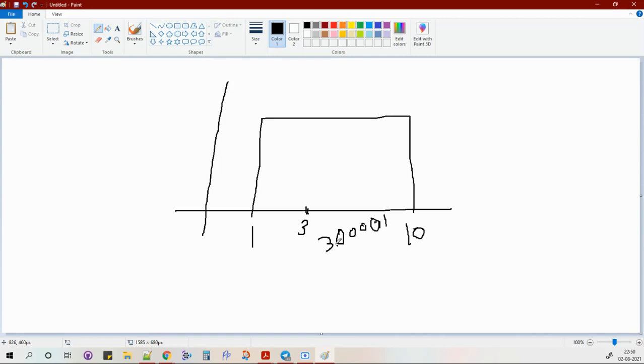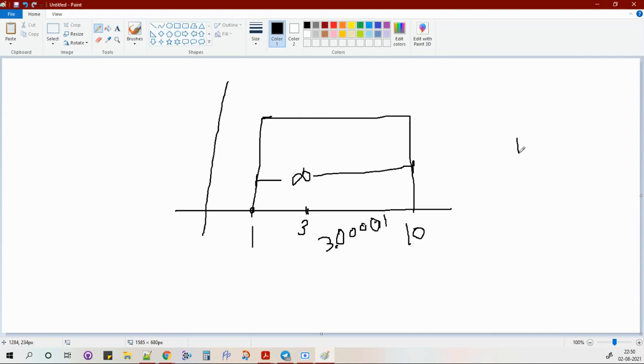It can be infinitely small, right? 3 plus 0.0001. Now, what probability will you assign to 3, right? I can have infinite values between 1 to 10, and the sum of all the probabilities should be 1.